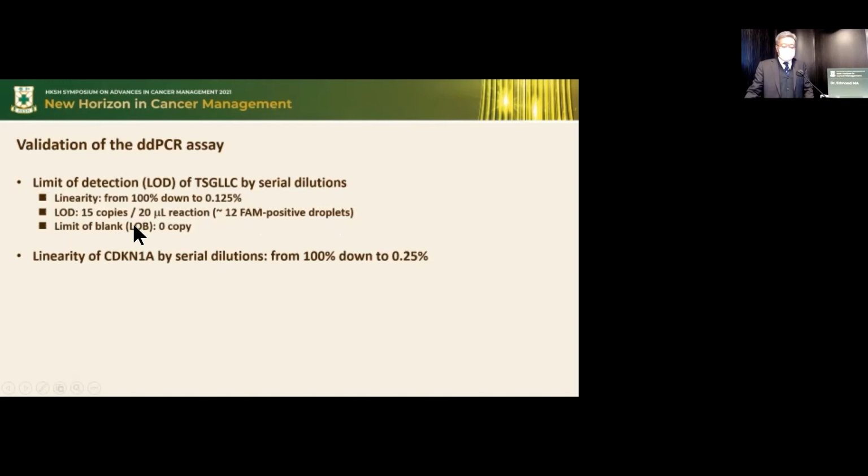The limit of blank is 0 copies, so there is absolutely no noise in this particular assay. The linearity of the housekeeping target, CDKN1A, is from 100% down to 0.25%. But we are not too worried about CDKN1A because it usually occurs in abundant numbers. It's only the CAR T TSG LLC that is a rare event.